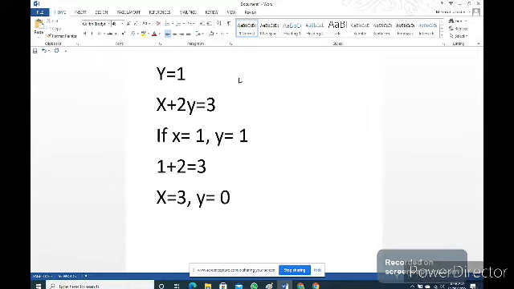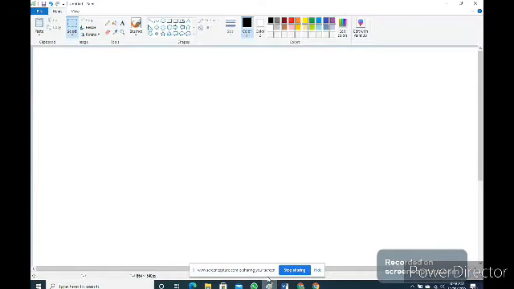So we got the solution for this also. Now let's try to plot this in a graph. So we have (3, 0) and (1, 1). Let's plot it.